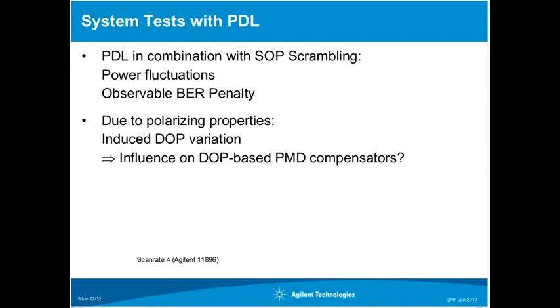You get a changing OSNR level because normally on the link you will have EDFAs which are clamping the power level. So normally what you will see at the end is that you have some breathing OSNR levels, which is also not very nice. You will see changing bit error rate penalties, and you will see the DOP variations, like I told you. And if it's a problem for you, depends if you have a PMD compensator or not.